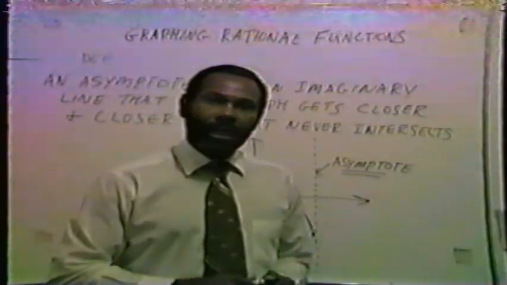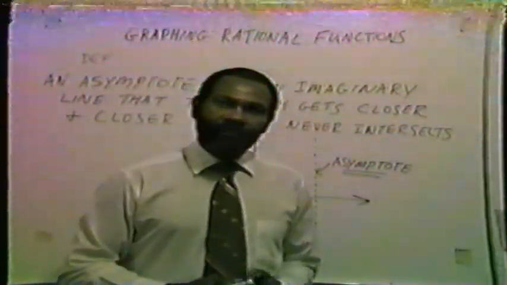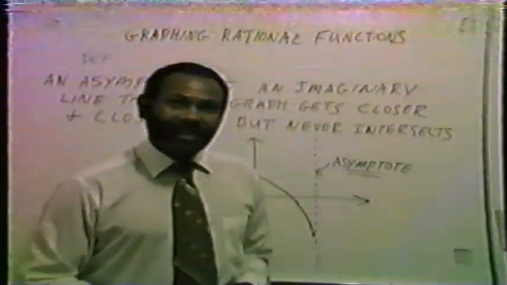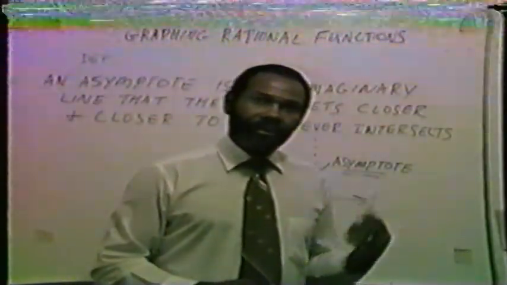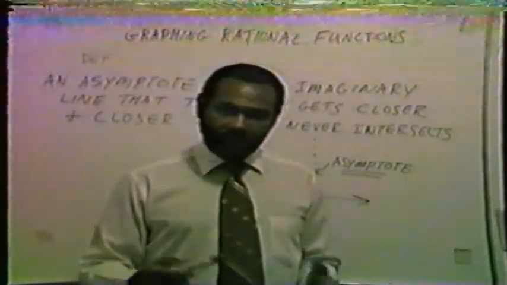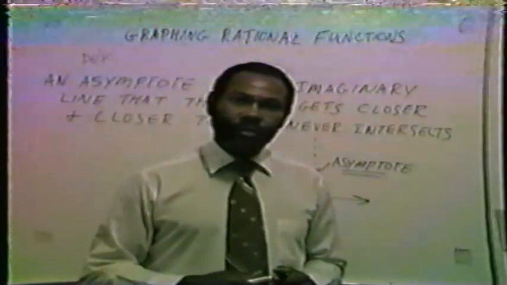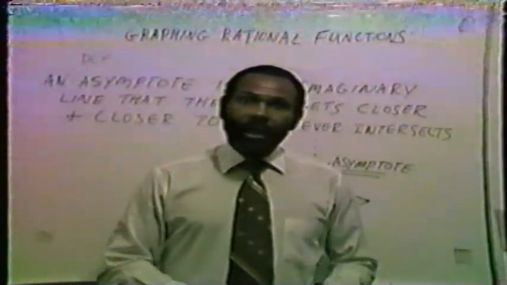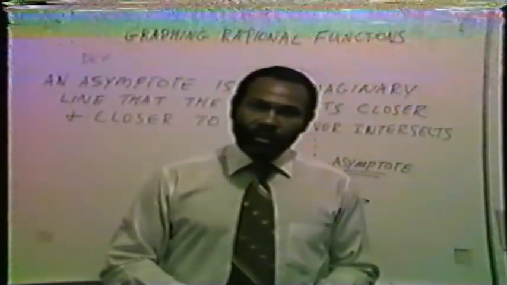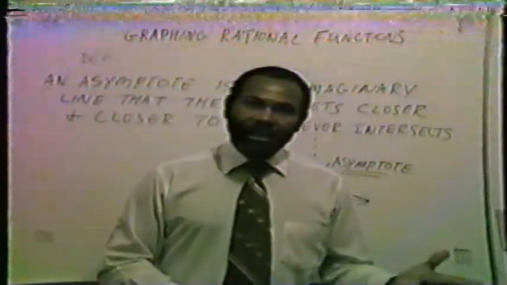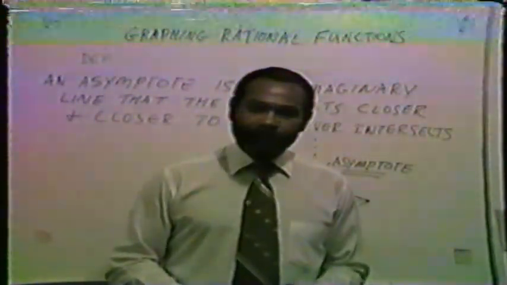asymptotes. But there is an advanced lesson that we have on graphing rational functions, which is part 2 of this lesson, which takes up graphing rational functions that have oblique or slanted asymptotes.